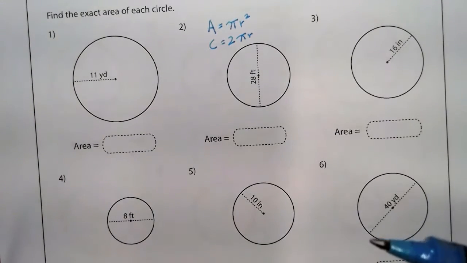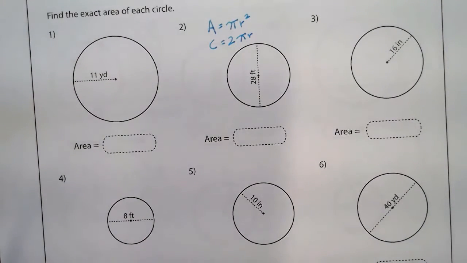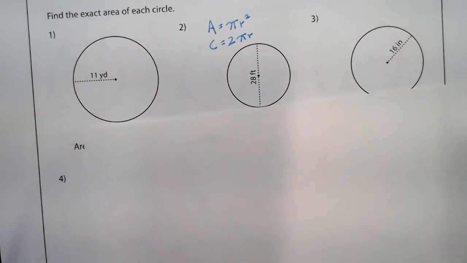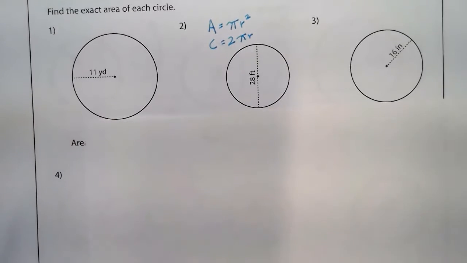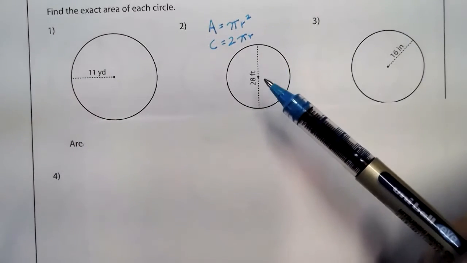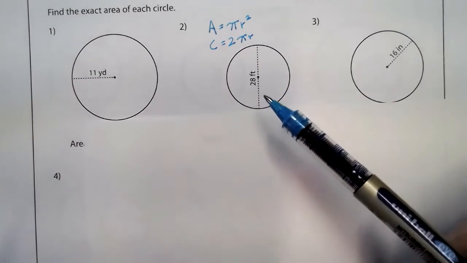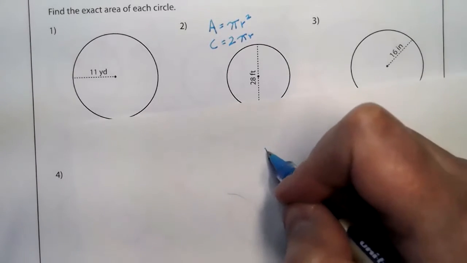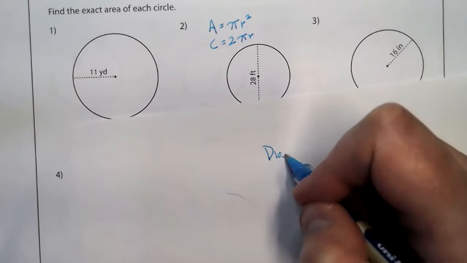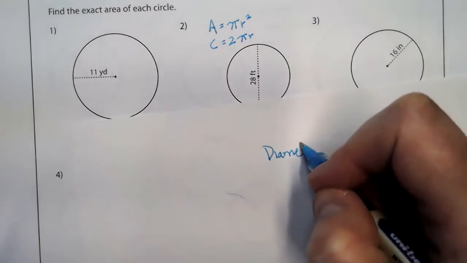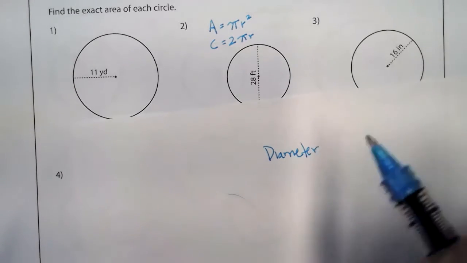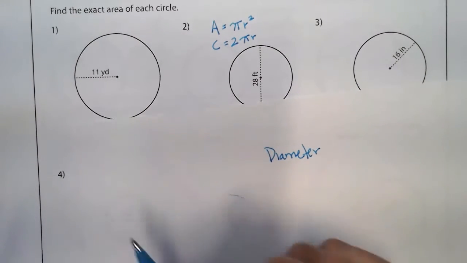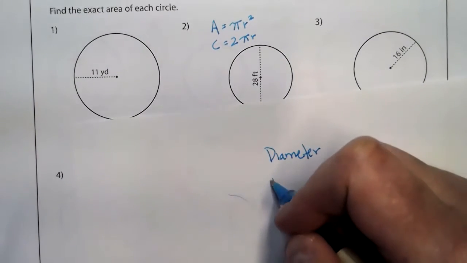There are a couple things you need to know about circles in particular. The first is when you've got a measuring line that goes all the way across the circle, that is the diameter. And a line that is only halfway across, like this one, that is the radius.